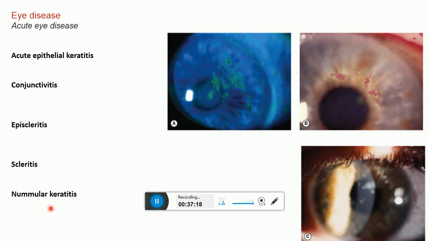Nummular keratitis develops at the site of epithelial lesions about 10 days after the onset of rash, characterized by fine granular subepithelial deposits surrounded by a halo of stromal haze. The lesions fade in response to topical steroid, but recur if the treatment is discontinued prematurely.